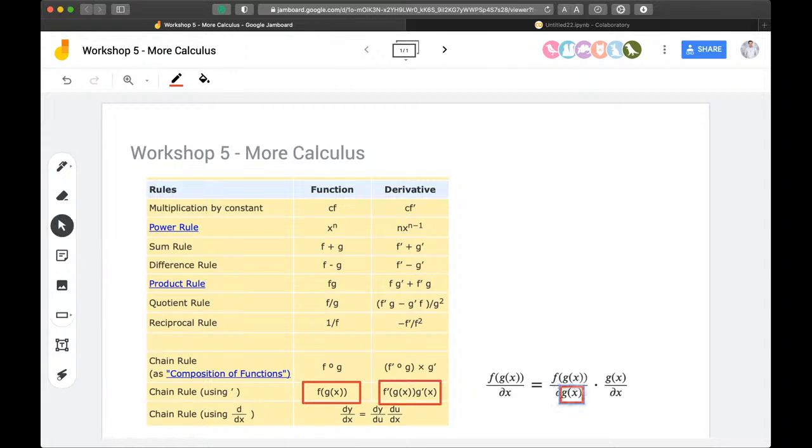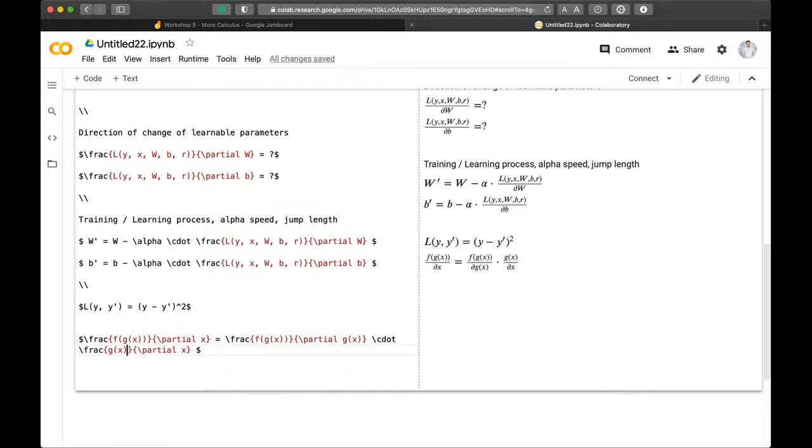You can imagine in your head that you replace those two with b, and you would have a very simple derivative there, right? So okay, that's cool.